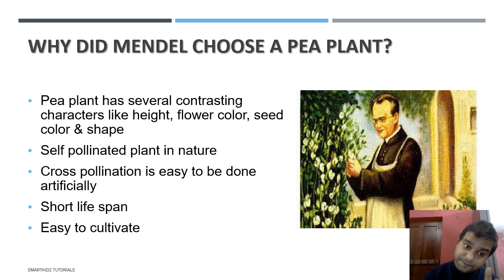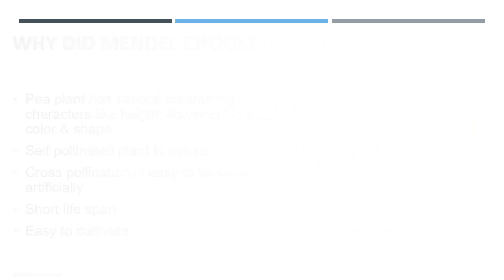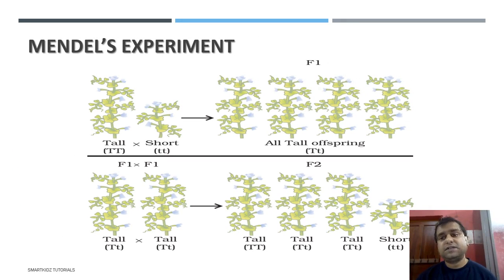In the case of the garden pea plant, it is fairly easy to grow them. So he did not worry about growing them. That is very important if you want to work with particulars. So you see, these are the characteristics which helped Mendel to work and produce such results.